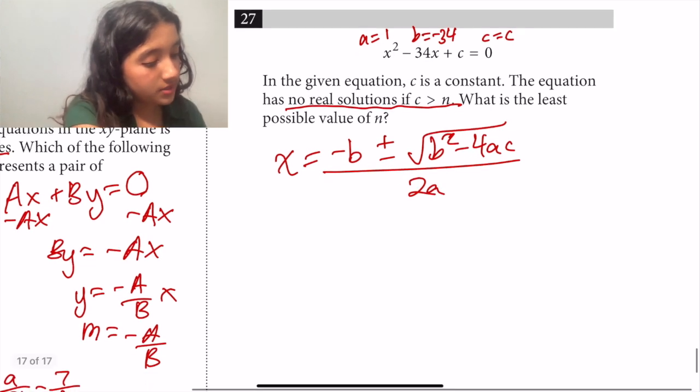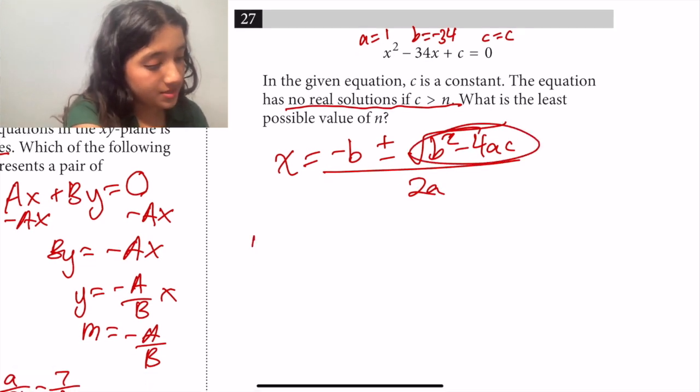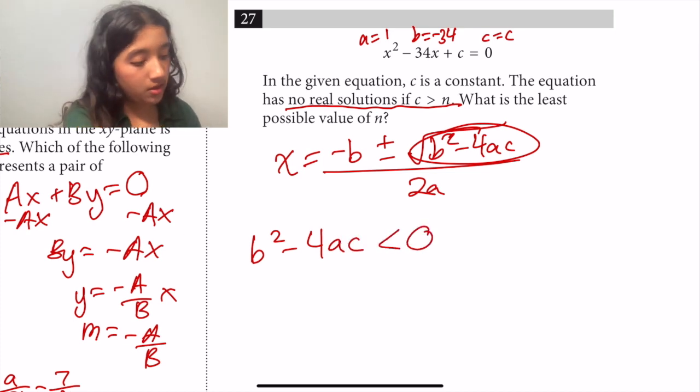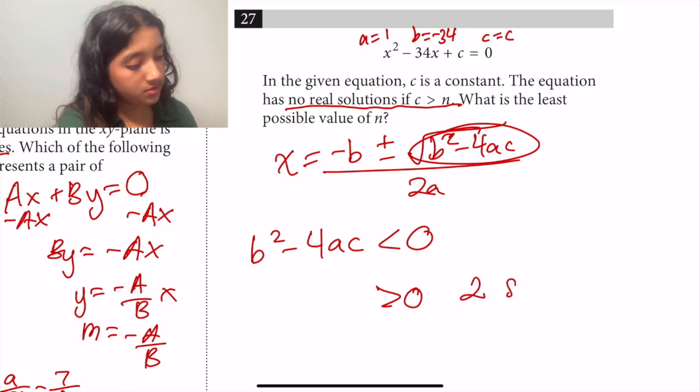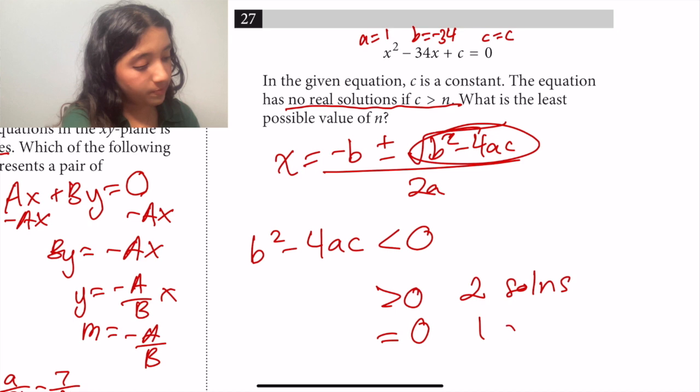Then we want this b squared minus 4ac to be less than 0, because if it were greater than 0, we'd have 2 solutions. If it was equal to 0, we'd have 1 solution. But in this case, we want less than 0 because that means we have 0 real solutions.